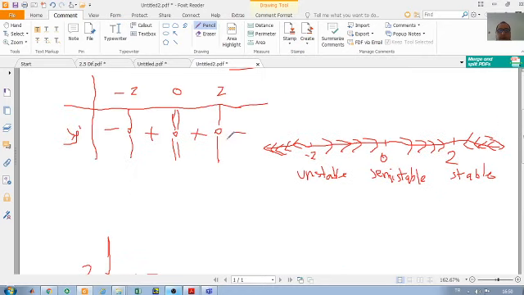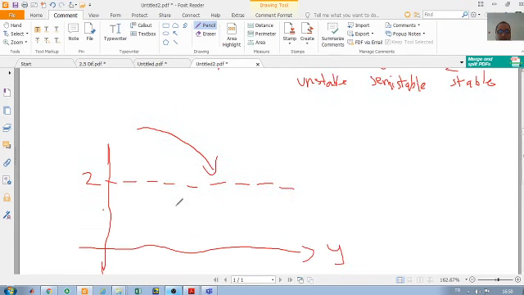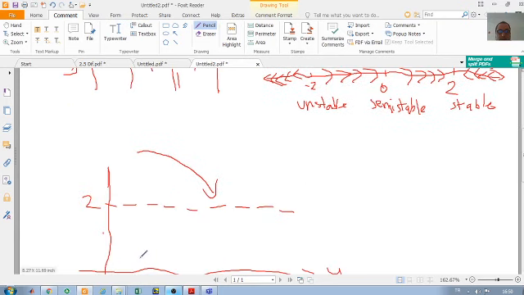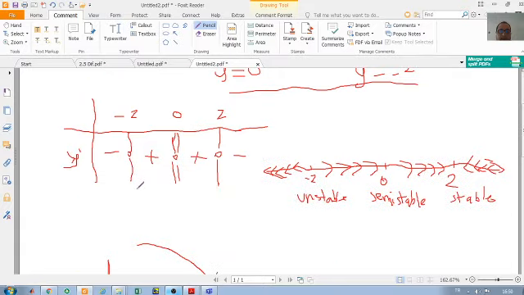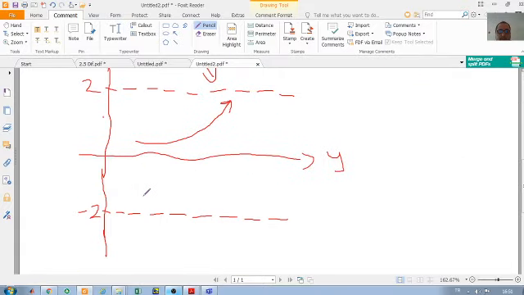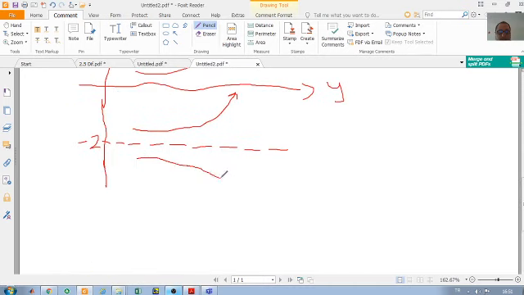So we have negative slopes for all values of y bigger than 2. So we sketch a typical solution curve like this, and we have positive slopes, therefore the direction will be in this form, and we have negative, therefore we sketch a typical curve in this form.